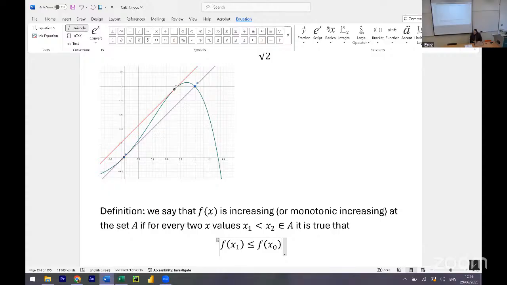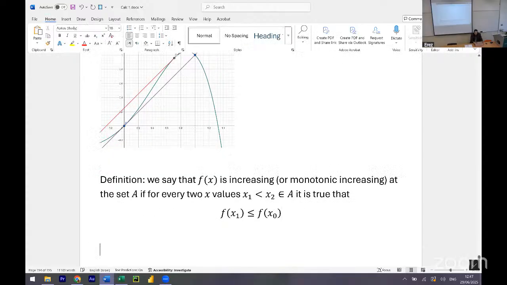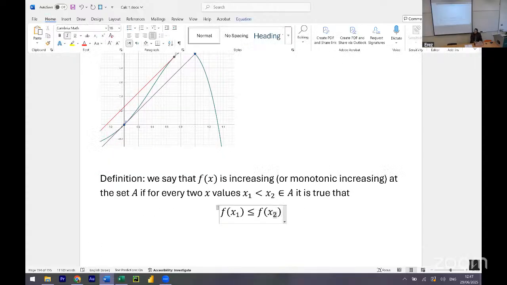Yeah. So in Hebrew we say תחום עלייה, domain of increasing. Aliyah is increasing. To go up. It's like an increase.